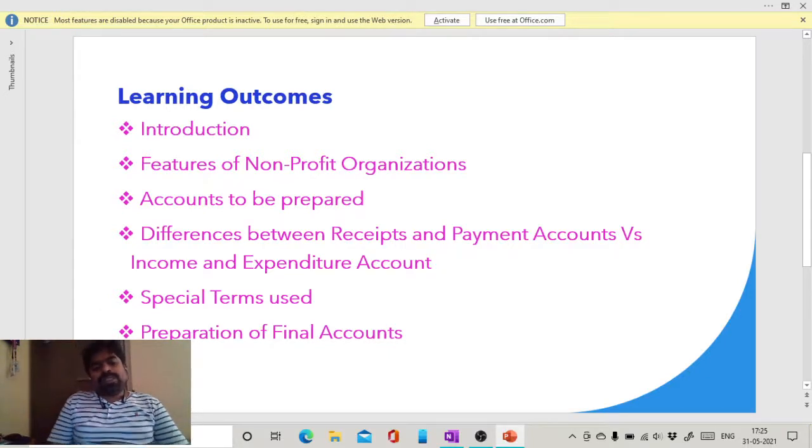Special terms used in non-profit organizations, that also we will discuss. Lastly, how do we prepare final accounts in non-profit organizations, that we will discuss in detail one by one. So let us start the introduction part.